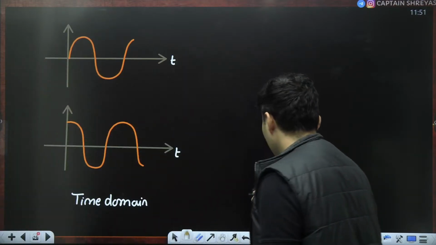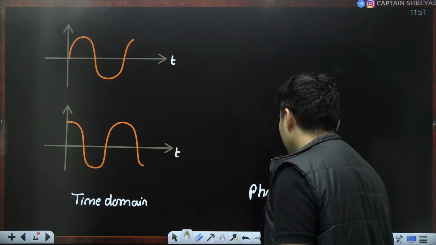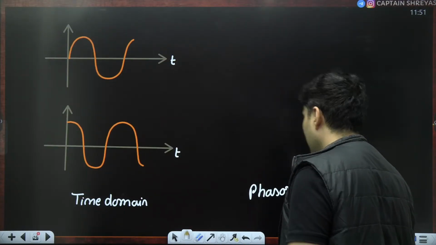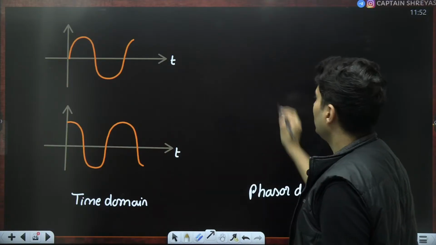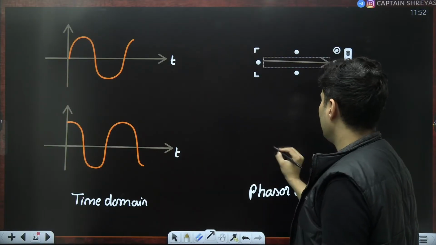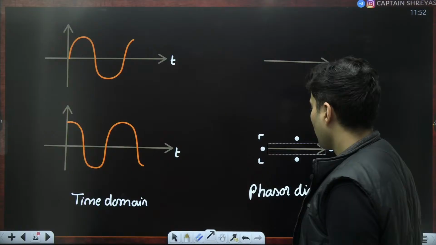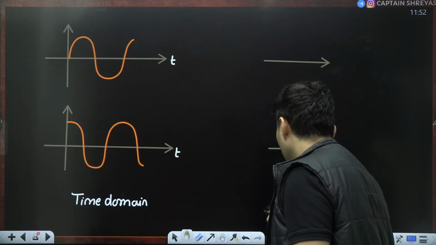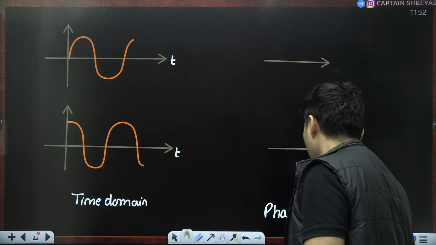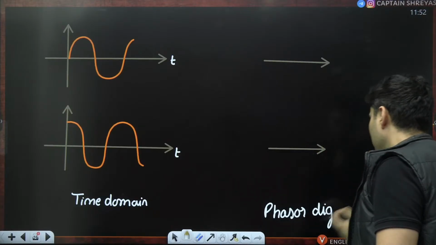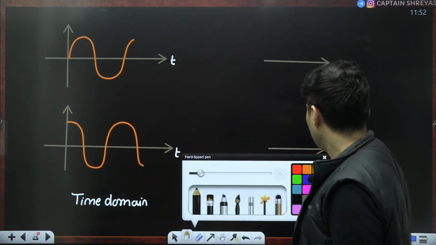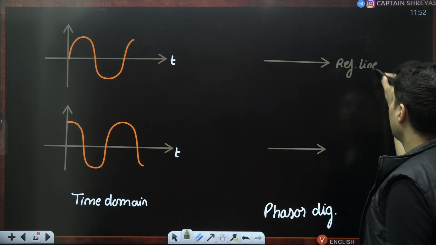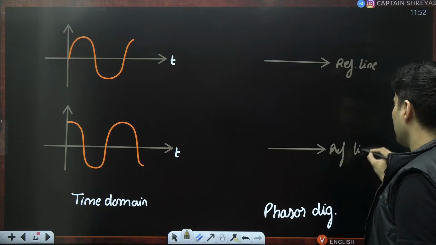Then you have something called the phasor diagram. In a phasor diagram, you have just one reference line. That's it. This is your reference line.